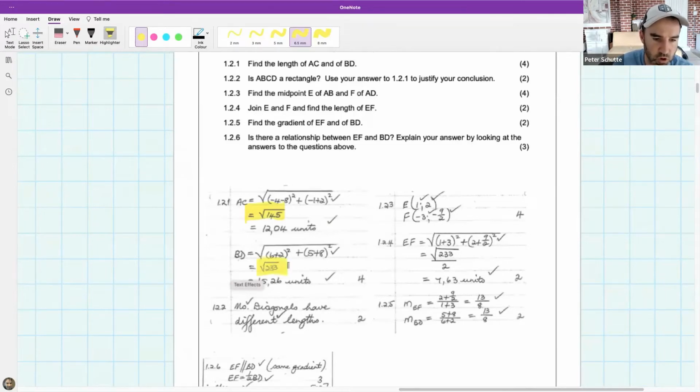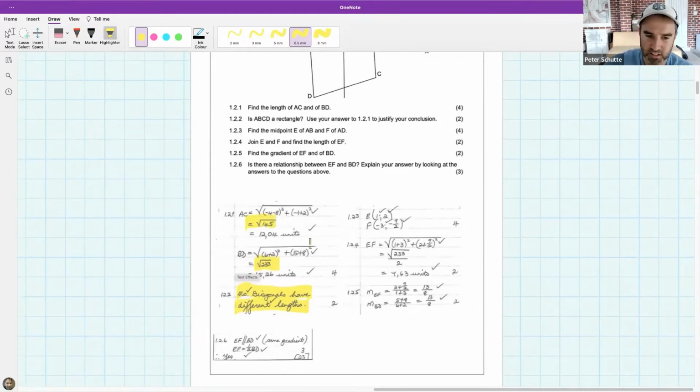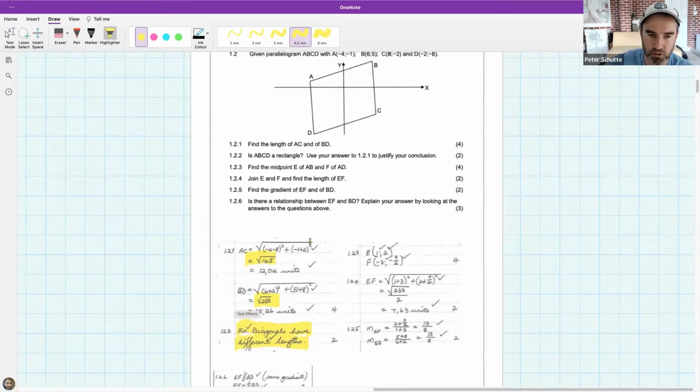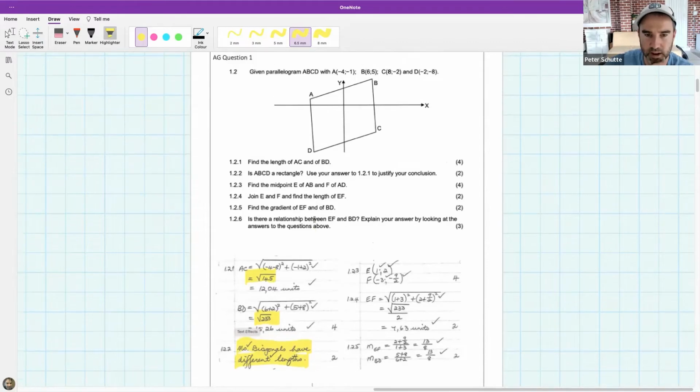So once you notice that they're different, diagonals have different lengths, therefore it can't be a rectangle. That's the main idea. Does that help? That's the only focus that you need to do. And then for E and F, we should have got the coordinates 1, 2, and minus 3, minus 9 over 2. That's the main thing we should have got.